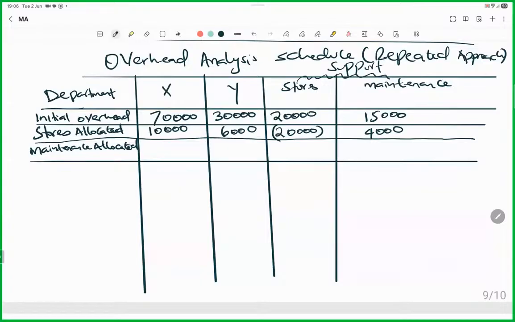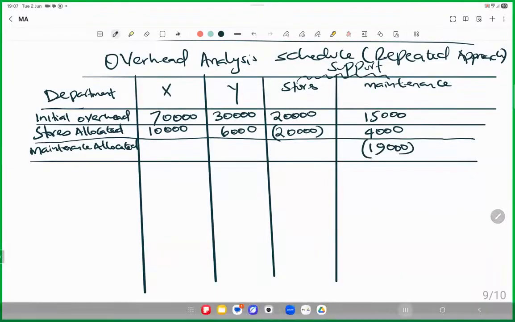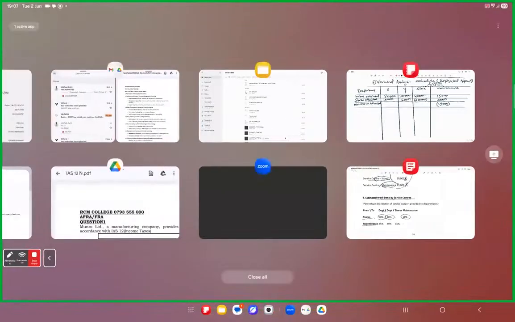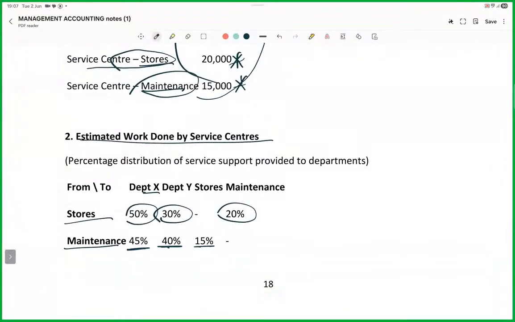We want to remove everything from it, so come here and remove 19,000. Do we know the percentages of maintenance? 45%, 40% and 15%.